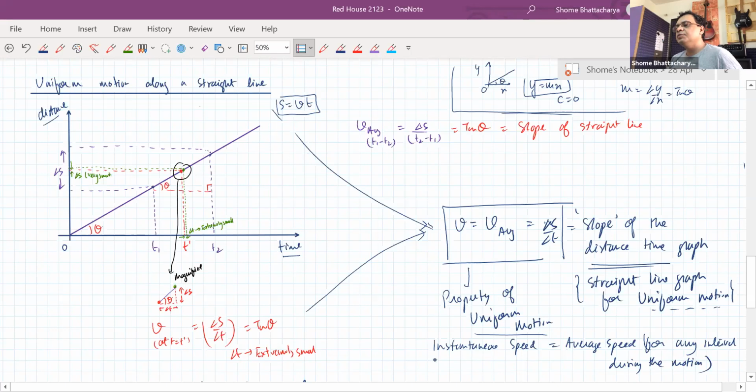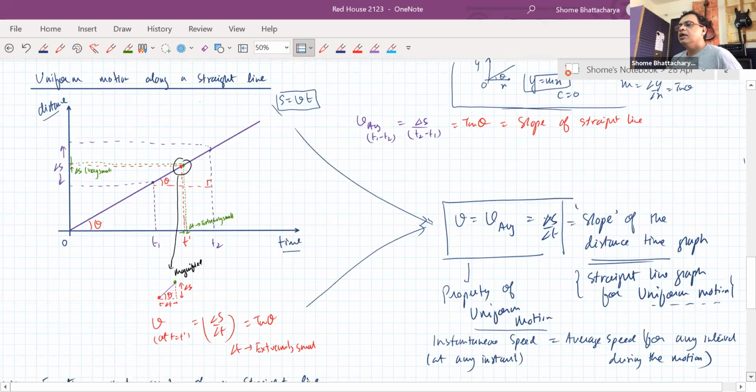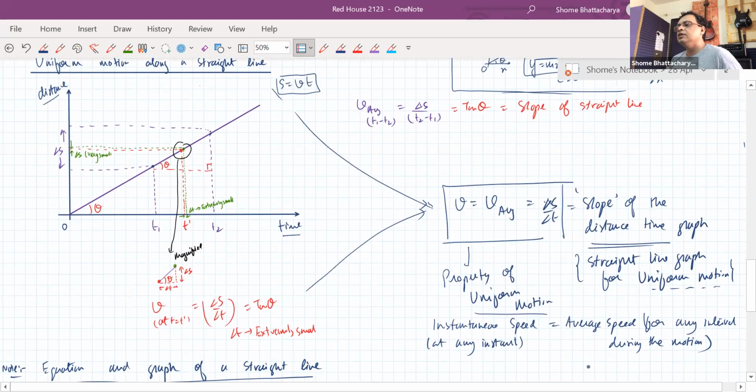So the instantaneous speed at any instant will be equal to the average speed for any interval of time during the motion. And that is equal to basically what? That is equal to the slope of the distance-time graph. Okay, so I hope this point is clear to all of you.